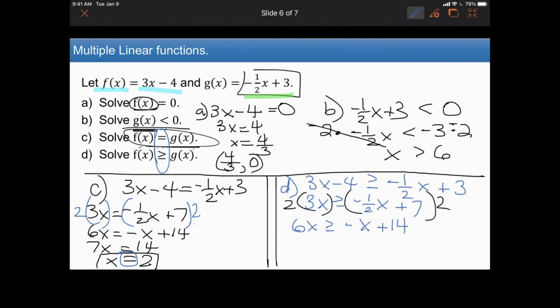I'm going to add my x, right? 7x greater than or equal to 14. Divide by 7. Oh, look. The only thing that changed was that, right? Because the f of x didn't change and the g of x didn't change. Excellent.